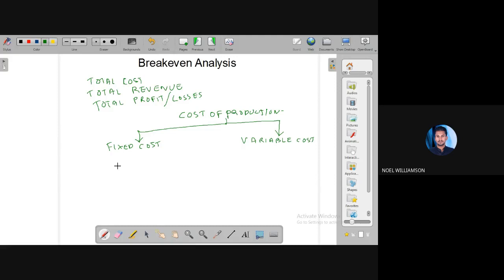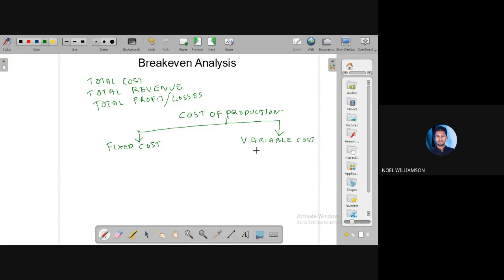But what happens is, if the number of components to be produced is increasing, it is dependent on the number of raw materials. So if more and more products are to be produced, then we need more and more raw materials or consumable materials. So the cost associated with that is termed as the variable cost.